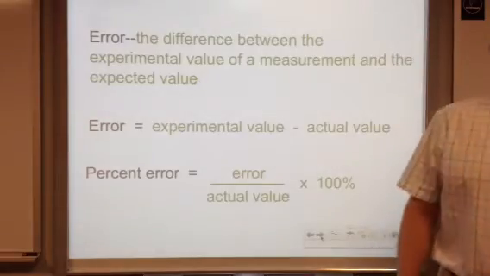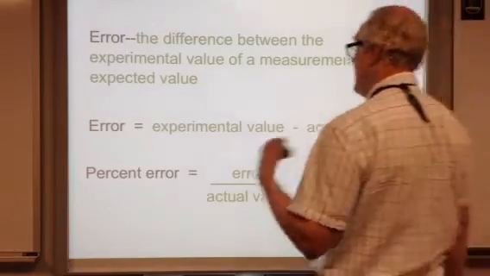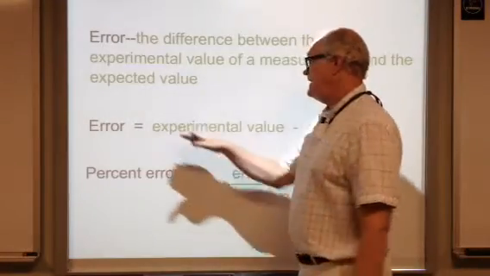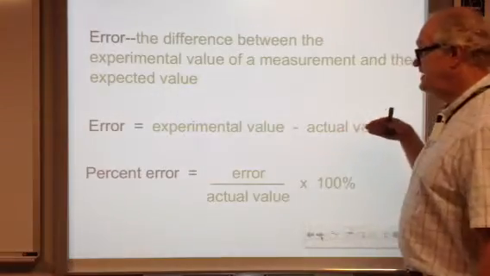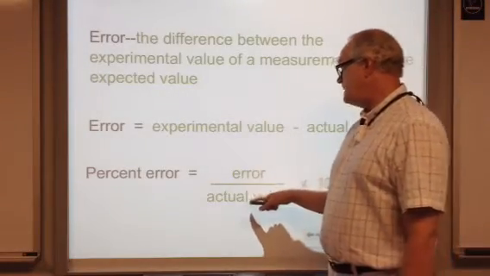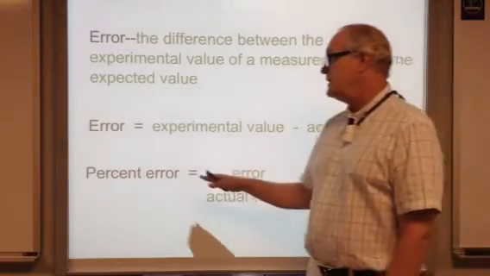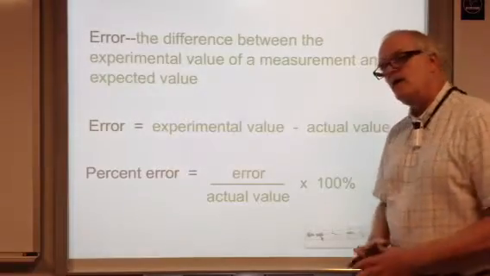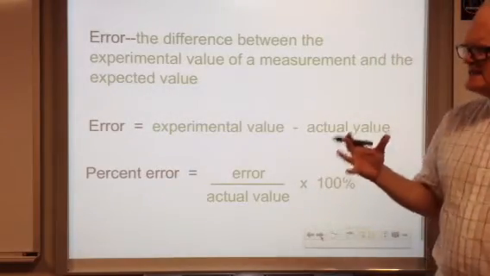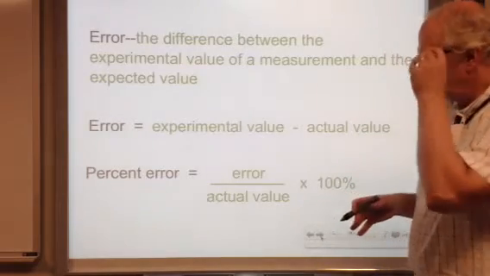All right, what can we do with the error? Is the error a lot or a little? Here's one way to calculate that. If we take the error, the difference between what we measured and what we should have gotten, and divide it by the actual value, then multiply that by 100%, we can figure out the percent error. And percent error is another way of giving us an indication of whether we're close or not so close.